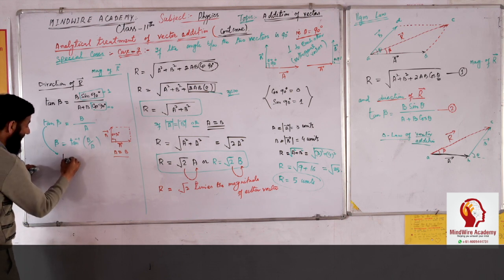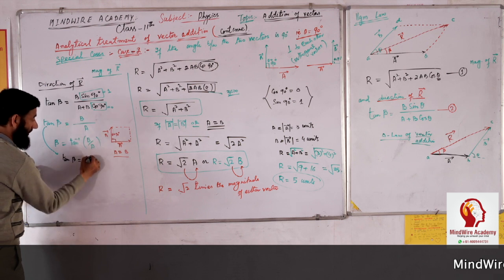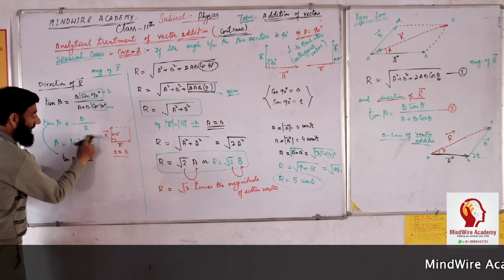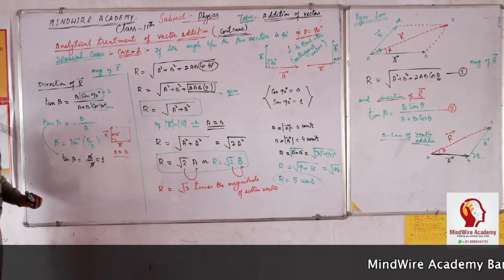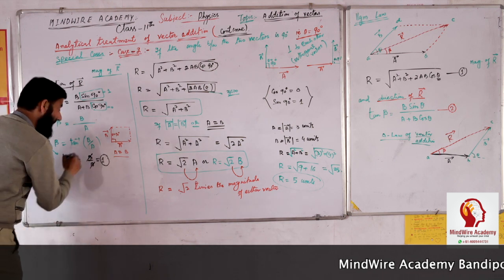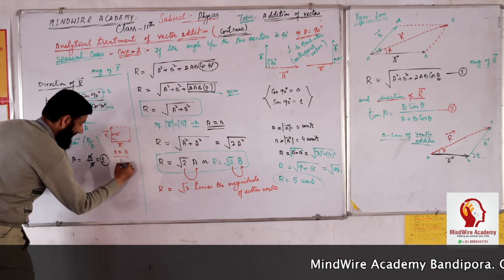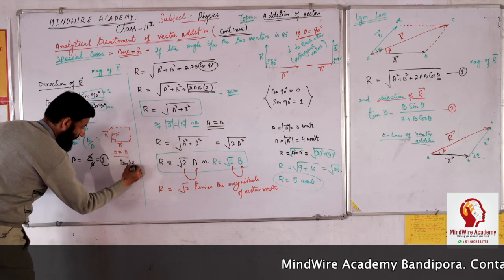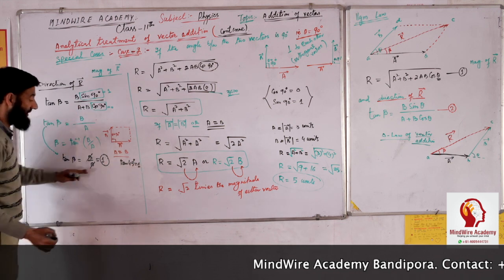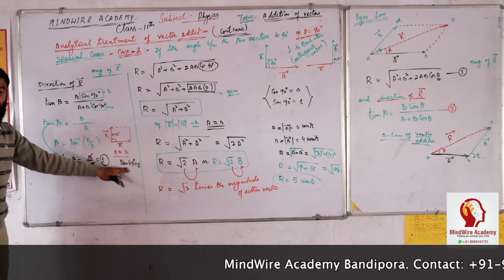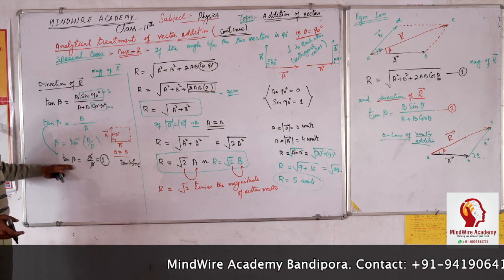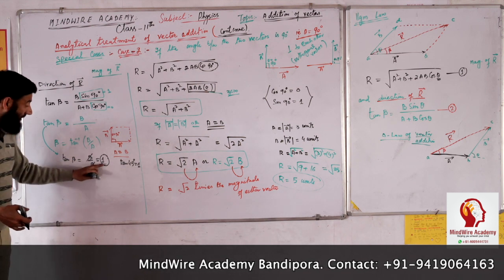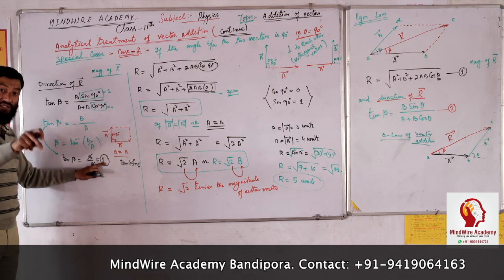I can write tan beta equals B upon A, but A is equal to B, so B upon B, B and B will cancel, we will get 1. As we know that tan 45 degree equals 1. Why am I taking tan 45? Cos 0 is also equal to 1, but because on the left hand side we have tan, in order to make a comparison, the right hand side should also be represented in terms of tan.